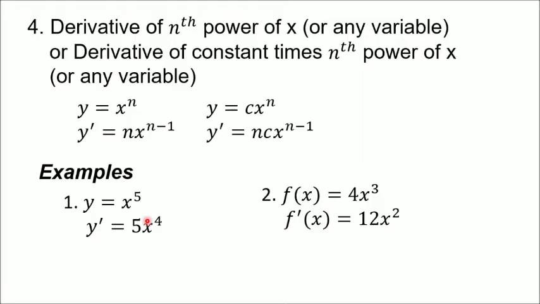Other example, f of x equals 4x cubed. Or this time, meron tayong literal coefficient dito na 4. Or we can also say this is also a constant. So the derivative of this, or the f prime of x equals, okay, diniretso ko na ha, shortcut nga eh. 3 times 4, that is 12, times x, and then raised to the power of 2. 2 na lang dahil minus 1 tayo dun sa 3. 3 minus 1, kaya 2.